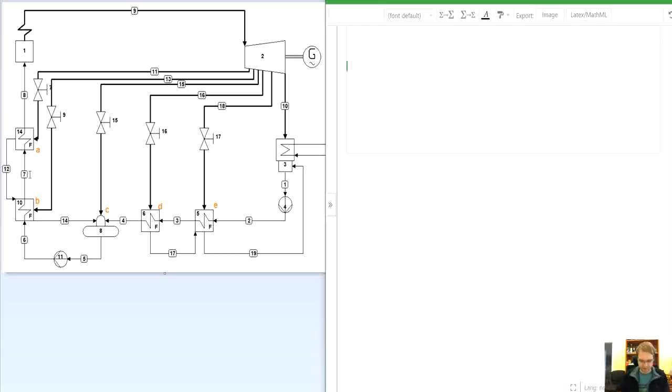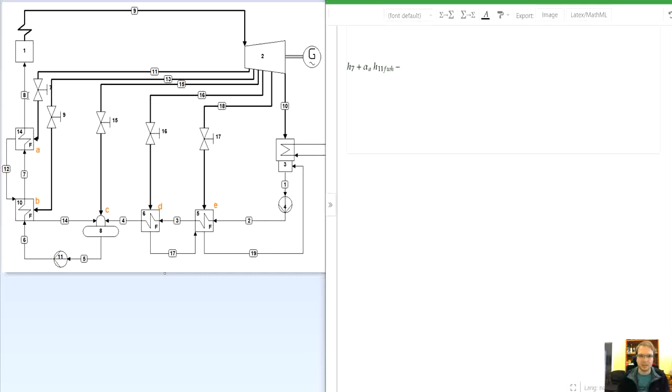So we will write H7 plus alpha A, the mass flow rate ratio for the feedwater heater A, times H11 FWH. Those were inputs, and now outputs.